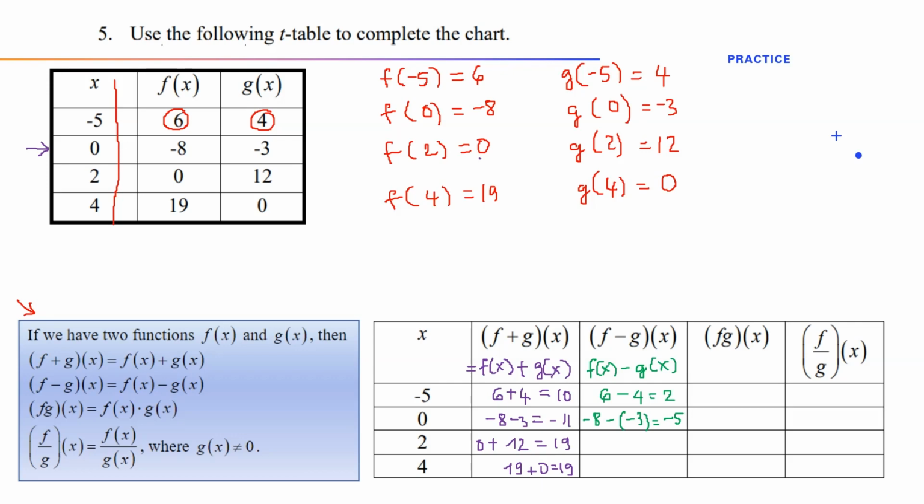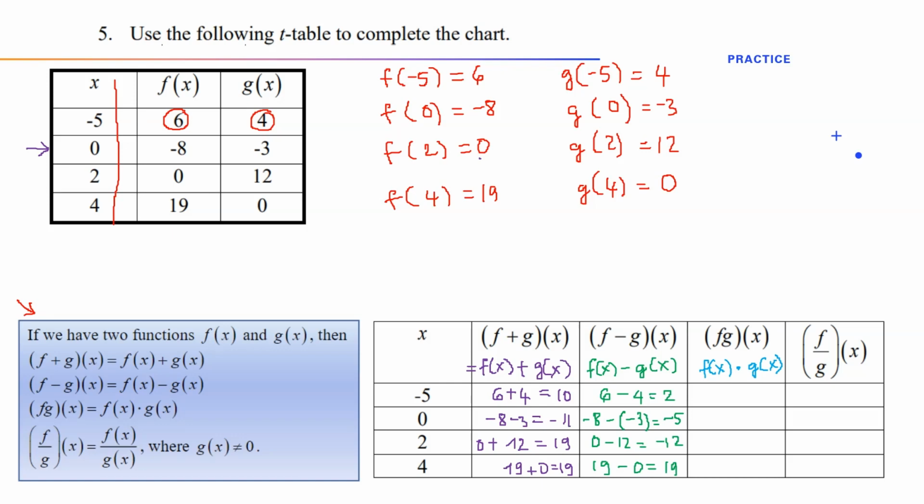So for the f of 2 minus g of 2, that's 0 minus 12, that's negative 12. f of 4 is 19. Subtract g of 4 is 0, that's 19. So for multiplication, f of x times g of x.